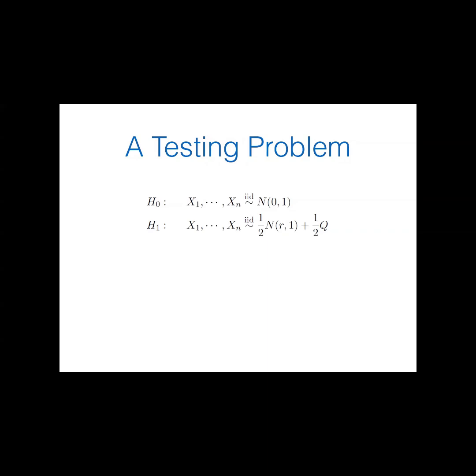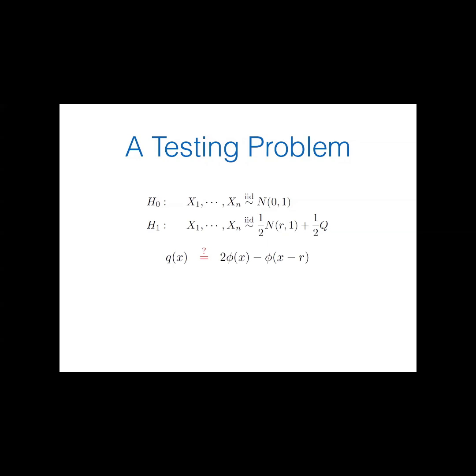So this gives you the equation that null equals 1/2 times this distribution plus 1/2 times Q. So if you solve that, here's the solution: the density of Q equals 2 times the density of normal(0,1) minus the density of normal(r,1). But pay attention here, I put a question mark here. Even though this is a solution, this function is not a valid probability distribution.